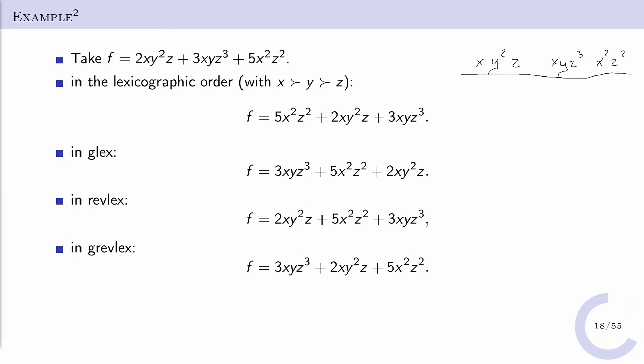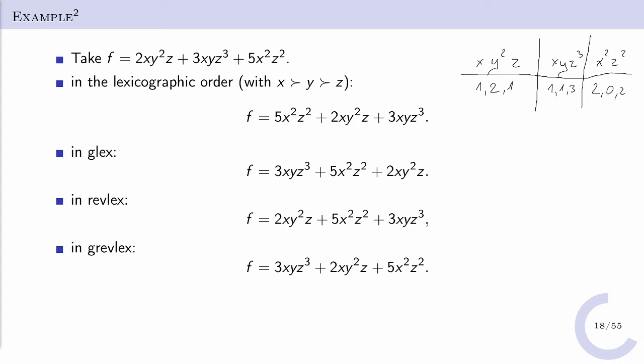If we look at the exponents, assume that the variables are read left to right, so x is the first one, then y, then z. Then the exponents are here 1, 2, 1, 1, 1, 3, and 2, 0, 2.